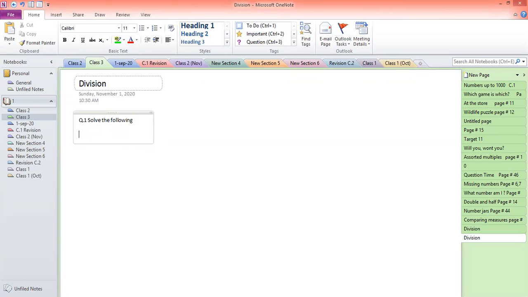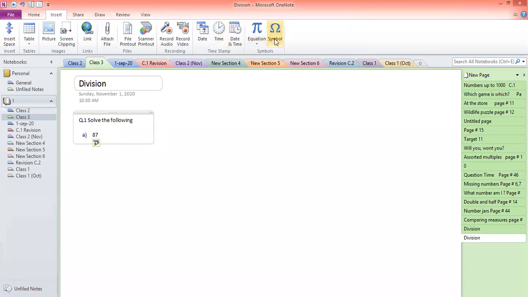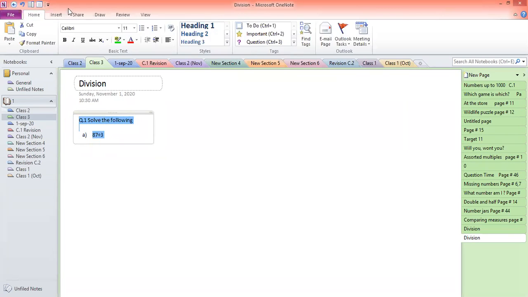In this question, part A is to divide 87 by 3. So here I take a symbol of this 87 by 3. This is actually a division sentence, and you have to find the answer. 87 divided by 3 equals what?